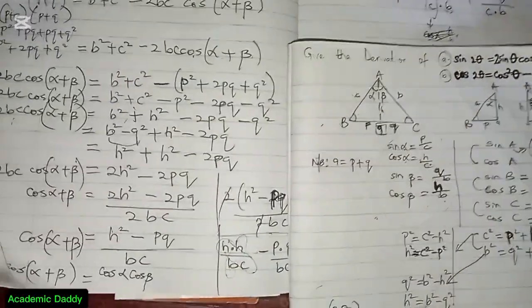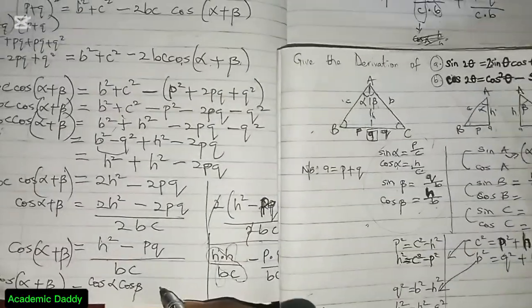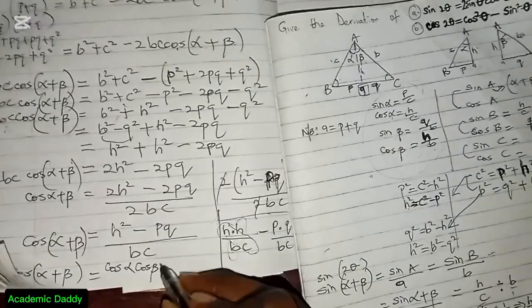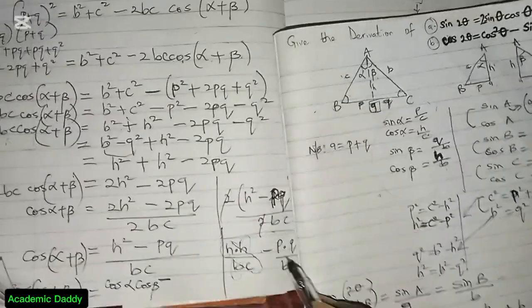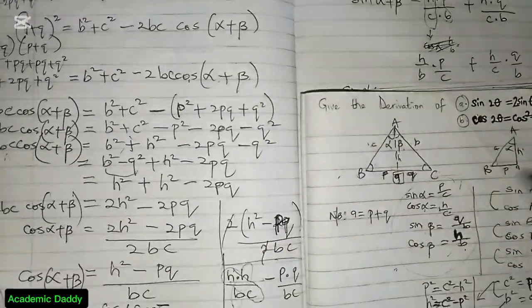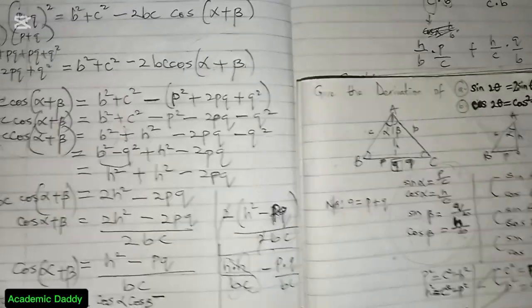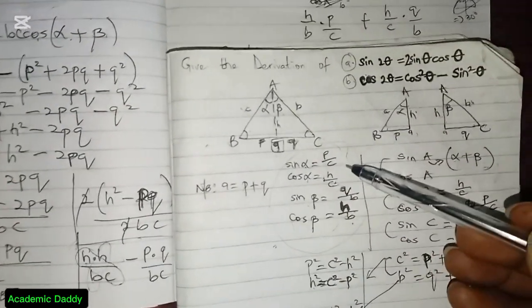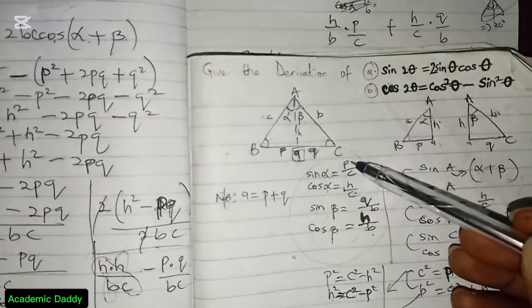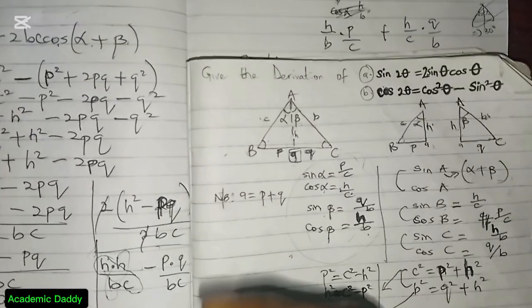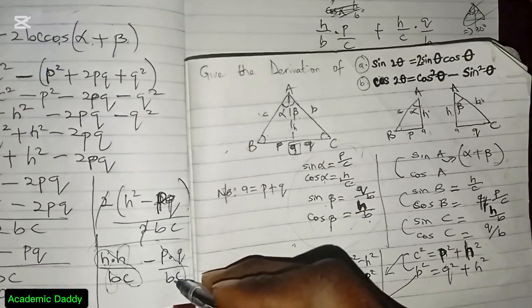Multiplication is associative. I can rotate it how I want. So it's cos beta minus p over b. Do I have anything like p over b or p over c? Okay, yes, I have p over c. P over c is sine alpha. So I can have this to be this way.